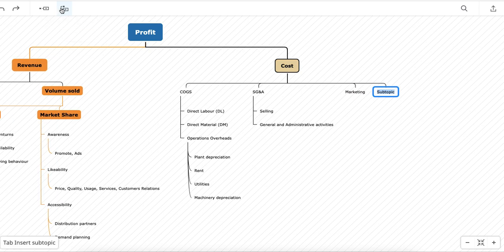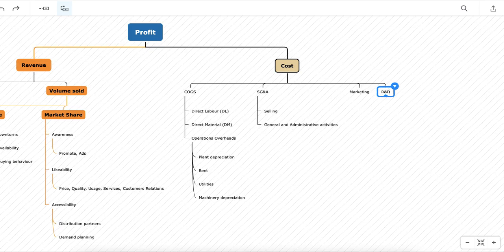Now the next thing that can come in here is R&D cost. R&D cost is a very peculiar case. Why do I say this? Because some industries are very R&D heavy, and this is a major driver of cost. To give an example, pharmaceutical is one of those industries.